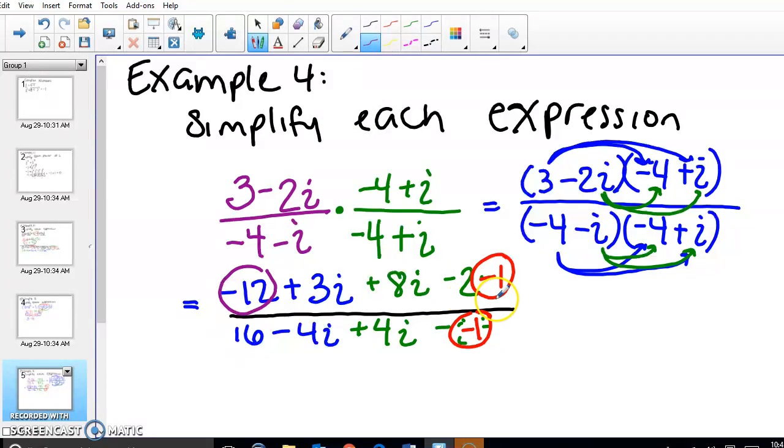And then I have negative 2 times negative 1 here. Combining these two.